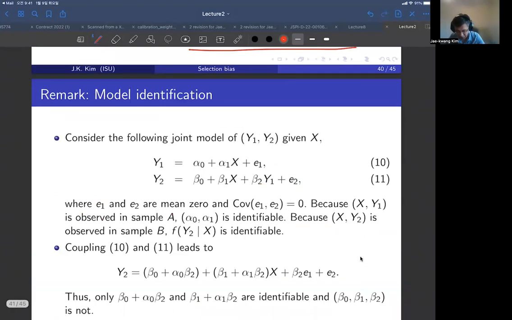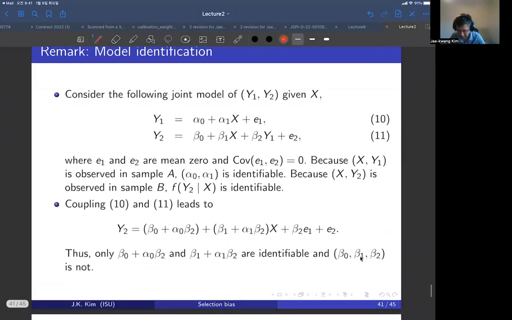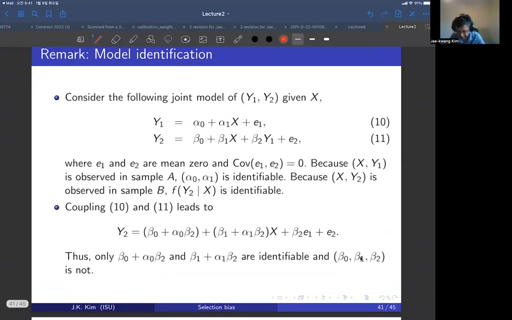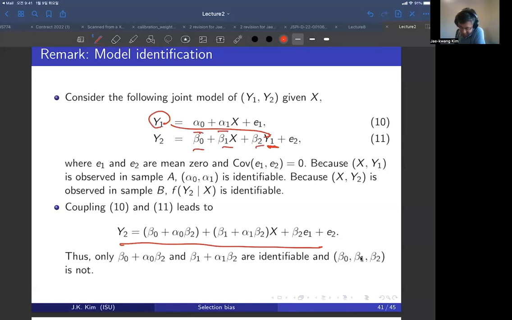And there are some issues about model identification. The idea is, okay, if you specify the joint model something like this, then you plug in to here to simplify, and you get something like this. So then you have how many parameters? 1, 2, 3, 4, 5 parameters. So you have 5 parameters, but you only have how many?